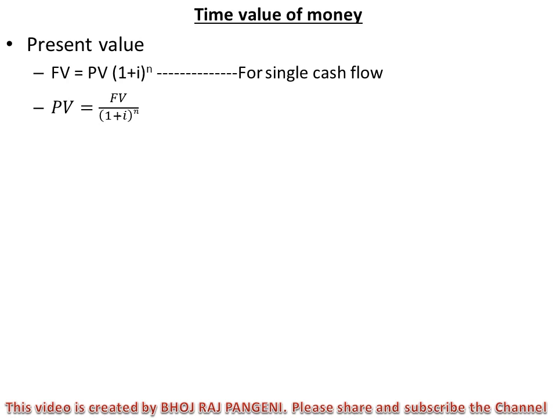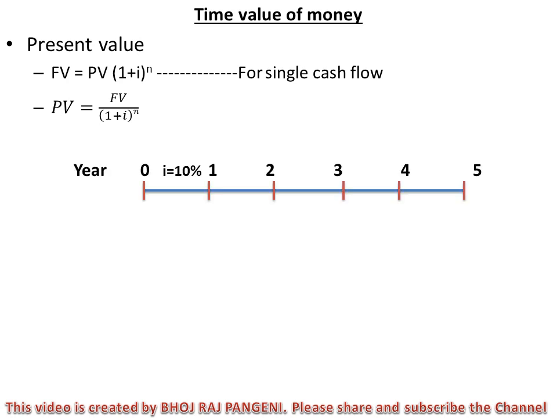The 1 plus i to the power n goes to the FV side by dividing. We can get it directly, or compute from either formula; there is no difference.